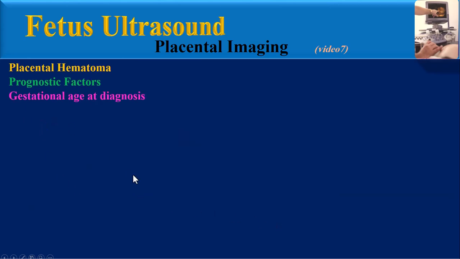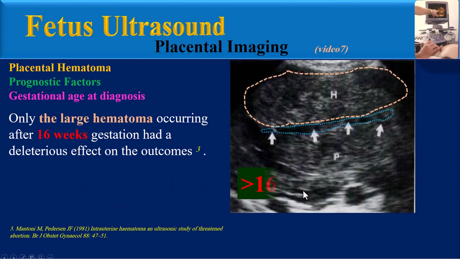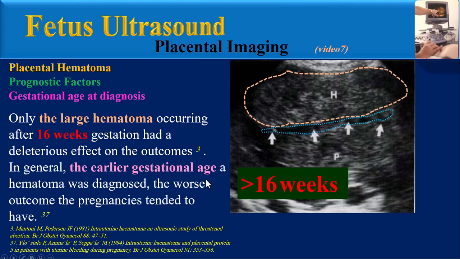Gestational age at diagnosis. Only the large hematoma occurring after 16 weeks gestation had a deleterious effect on the outcomes. In general, the earlier the gestational age a hematoma was diagnosed, the worse the outcome the pregnancies tend to have.